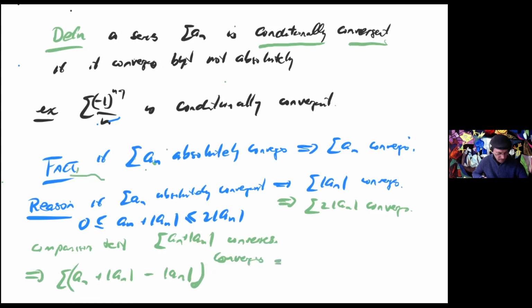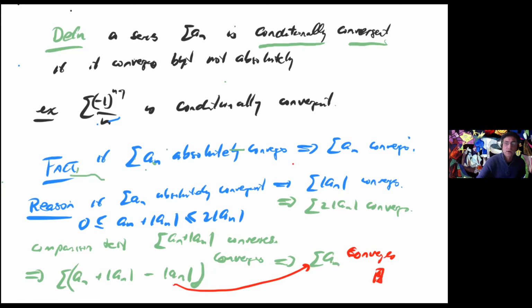But then what is that sum? That's equal to a sub n. So we just showed what we had to show: if a series absolutely converges, then the series actually converges. Okay, so absolute convergence is a stronger property than convergence.